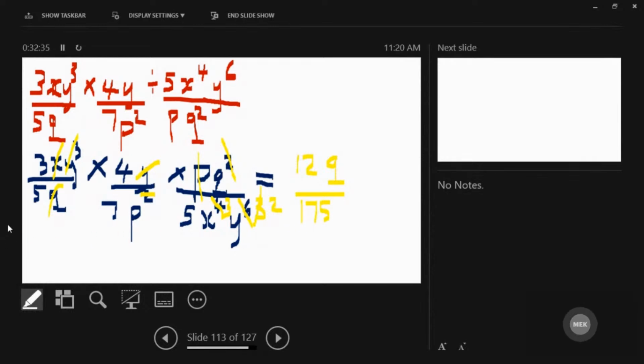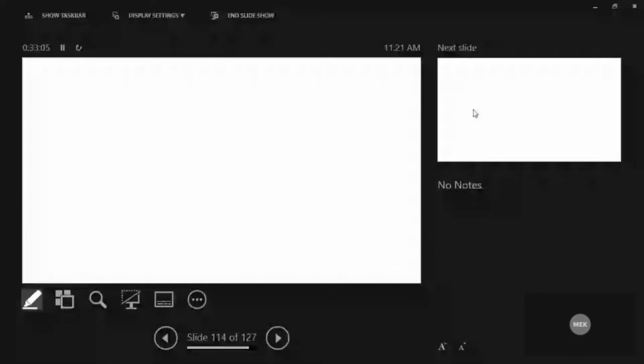For the variables, we have a p, and we have an x cubed and a y squared. So p x cubed y squared. And that's it. So we have one more to go. And of course, I'm going to give you some to try on your own.